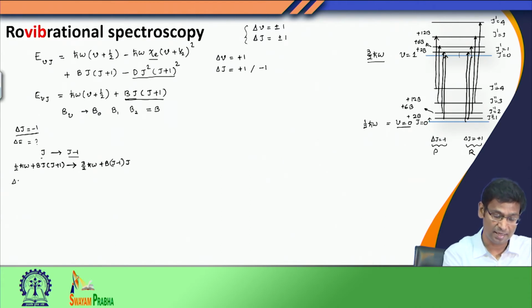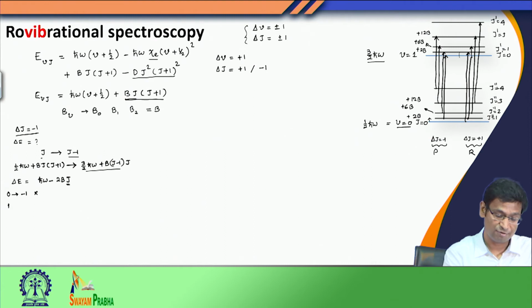Now, the delta E is the right hand energy minus the left hand energy. So, this energy will be h bar omega minus 2 B J, where J is the rotational quantum number of the lowest level or J double prime level. Let us find out what happens when I go from J equals 0 to minus 1, which of course is not allowed.